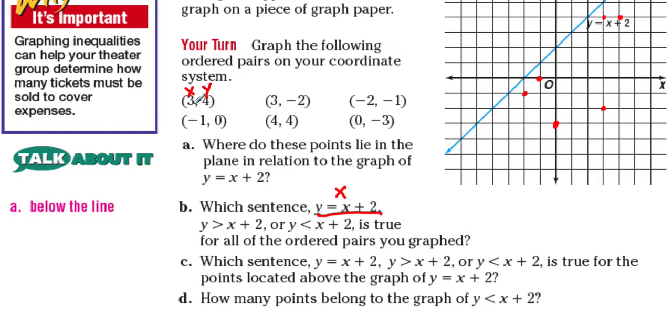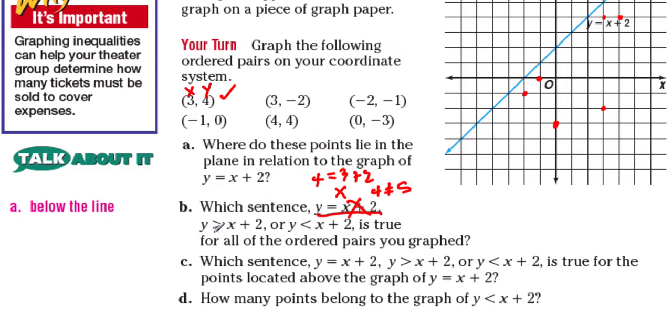If you substitute 3 for x and 4 for y, this becomes 4 equals 3 plus 2, and 4 is of course not equal to 5. So that is already out of the question. Let's take a look at y greater than x plus 2. Again, we're using only the point 3, 4, because one point will determine if all of these make the inequality true.